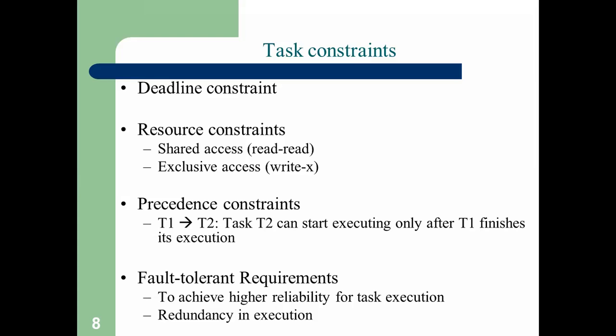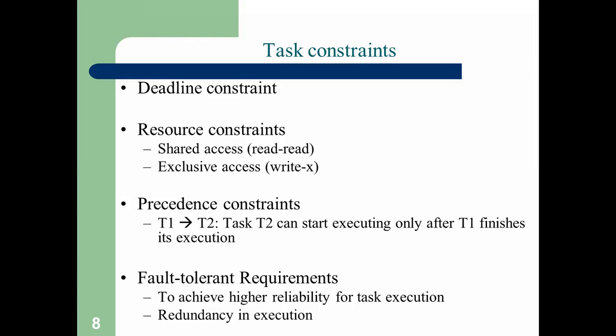Task T2 can start executing only after T1 finishes its execution. So if we are working on two tasks, then if the first one finishes, we will start the other one, T2. There are several tasks. We are not finishing or starting them manually, but the operating system controls each and everything.